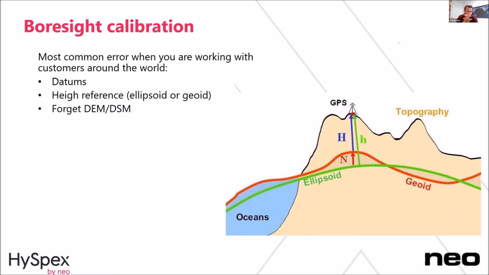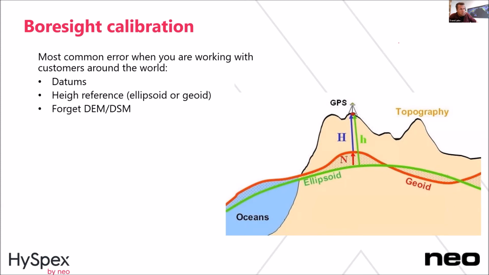So you will get huge errors in your boresight and in direct referencing if you're not working in the same height reference. In PosPac, for example, you can export in a lot of different geoids, so you just need to be aware that you're working in the same reference.